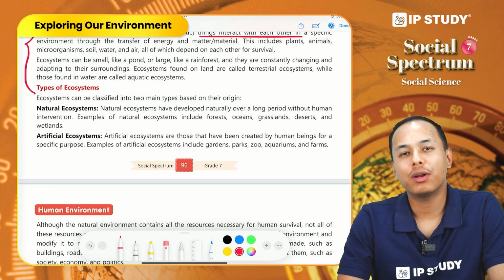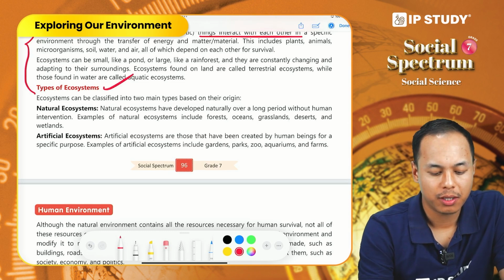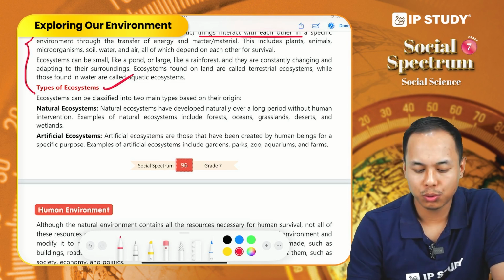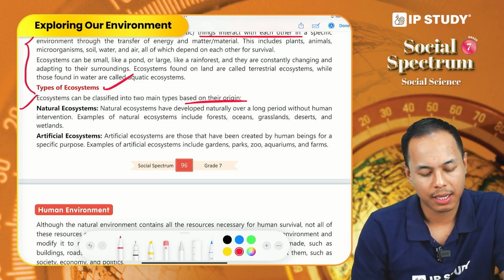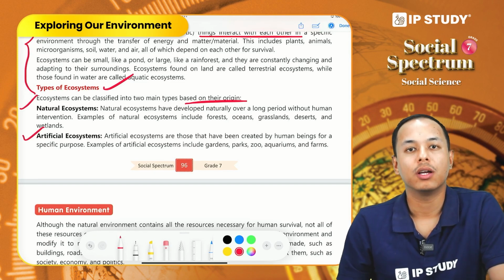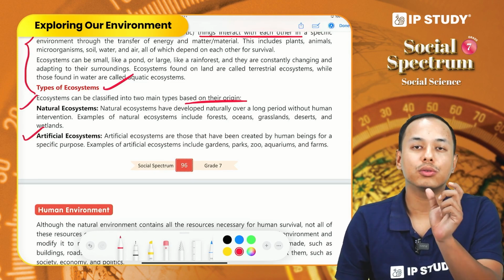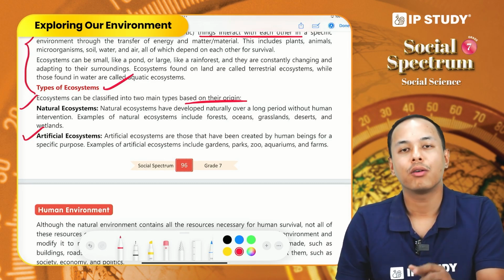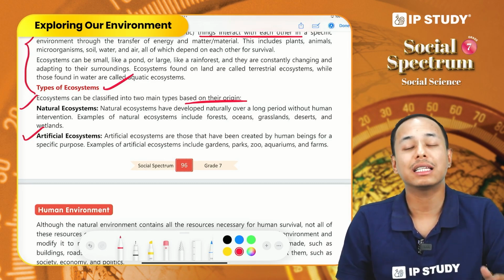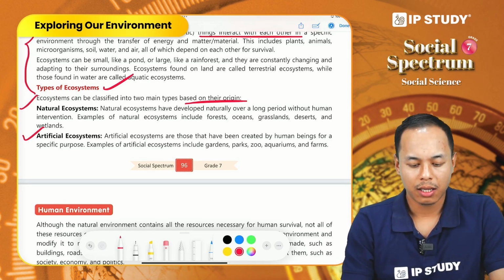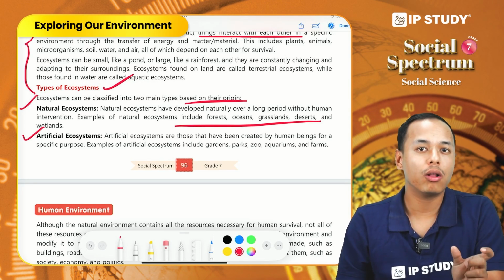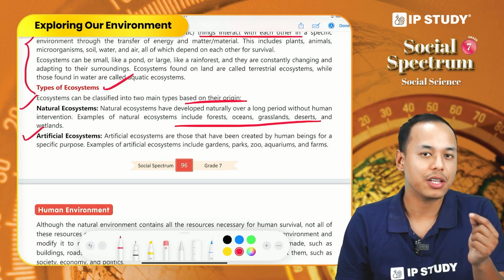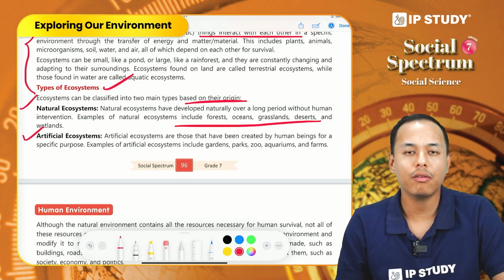Okay, so now let us discuss types of ecosystem. Ecosystems can be classified into two types based on their origin. Firstly, natural ecosystem and artificial ecosystem. Natural ecosystem refers to those ecosystems that have developed naturally without the interference of humans, like forest, ocean, grassland, deserts.